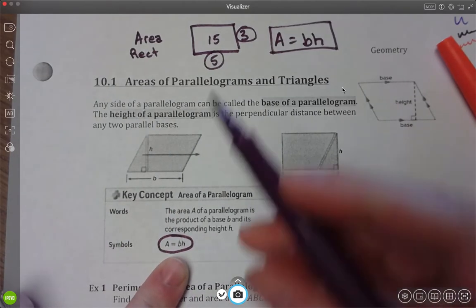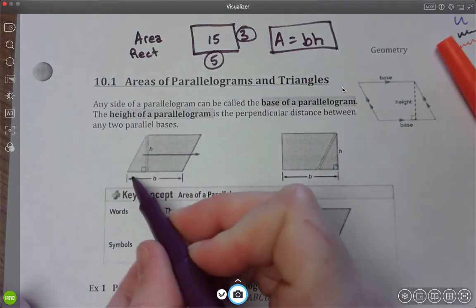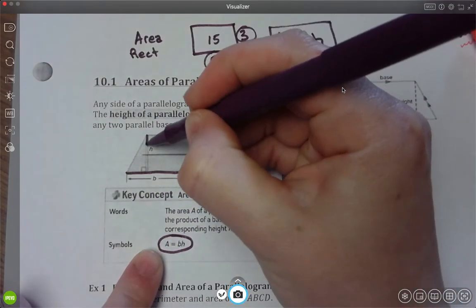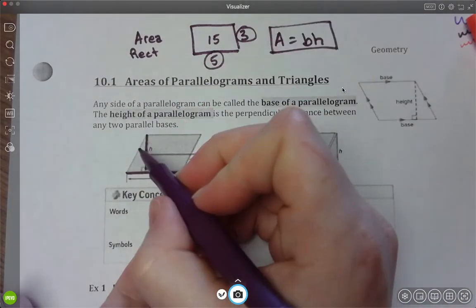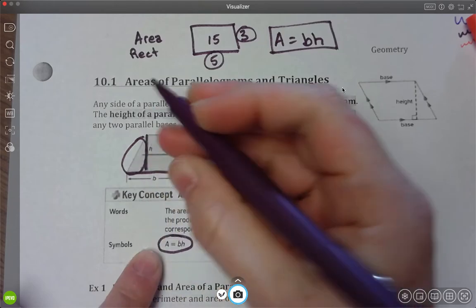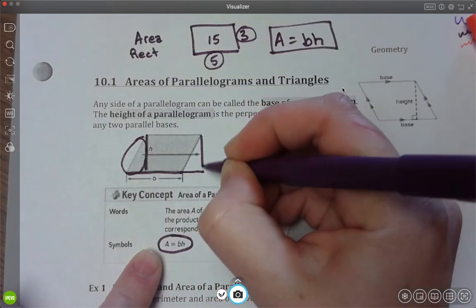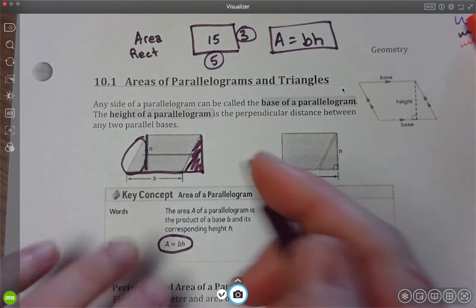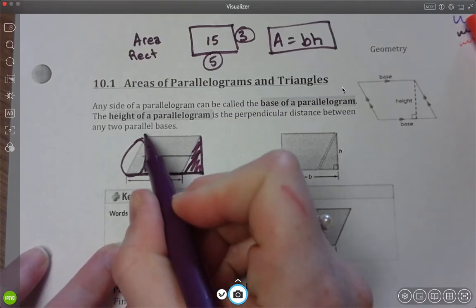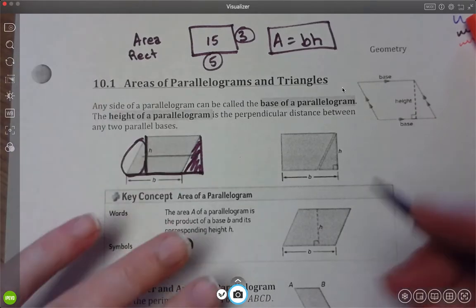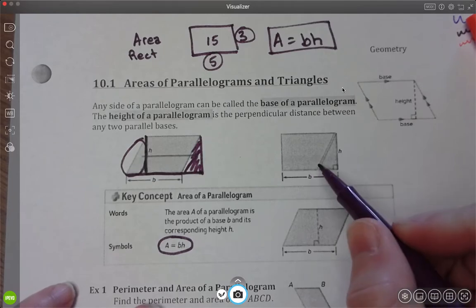The reason for that is, if this is the base, the length of that parallelogram, and this is the height, I can take this little triangular piece over here, move it to the side and add it onto the end, and it will make a rectangle where the bottom is the base and this vertical distance is the height. So I can transform that parallelogram into a rectangular looking thing.